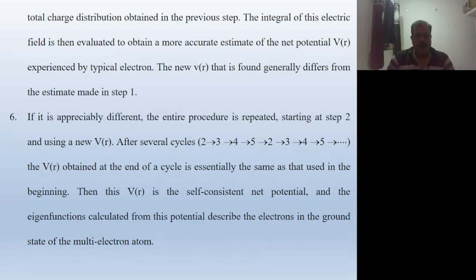The V of r obtained at the end of a cycle is essentially the same as that used in the beginning. Then this V of r is the self-consistent net potential, and the eigenfunctions calculated from this potential describe the electrons in the ground state of the multi-electron atom, meaning the ground state atom.